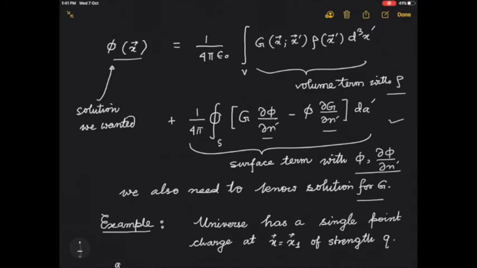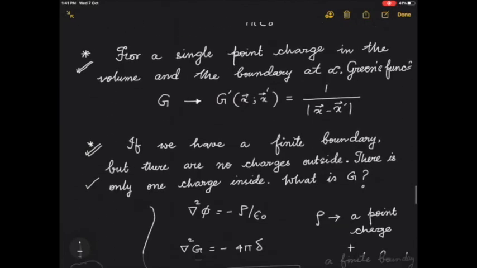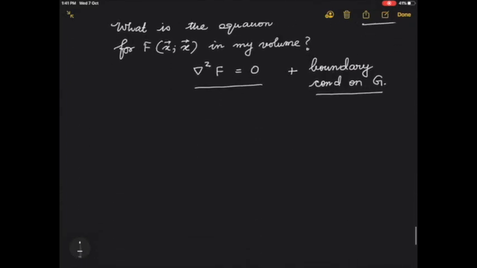Before we go any further, we have not still asked the question. Well, we have shown how to get to the solution, but is it a unique solution? So we have not asked the question, is the solution unique?